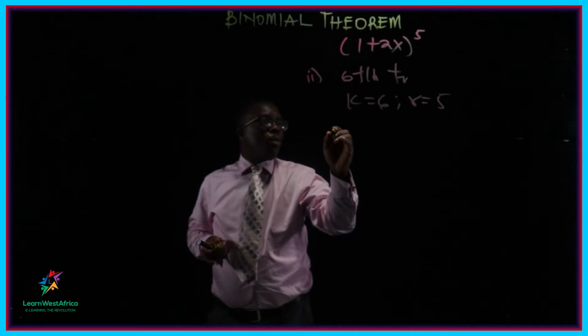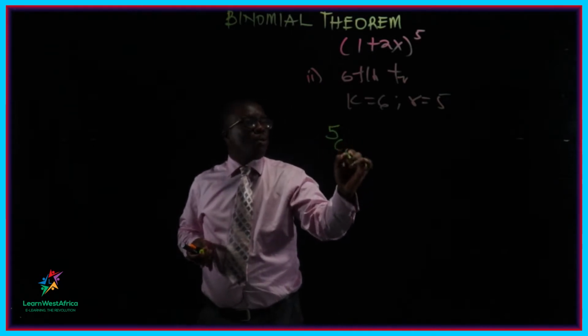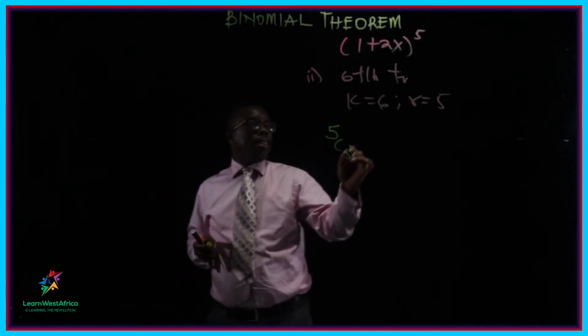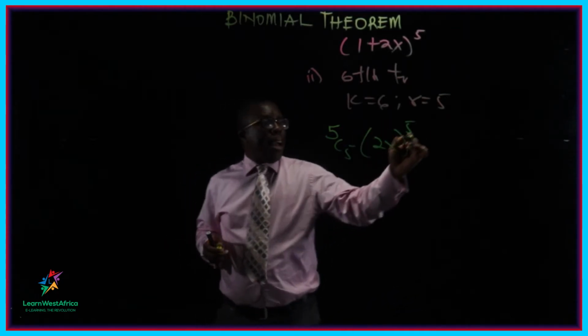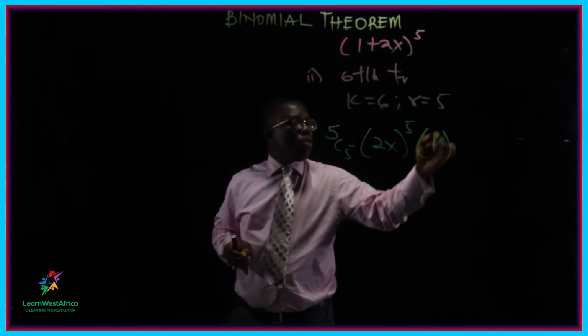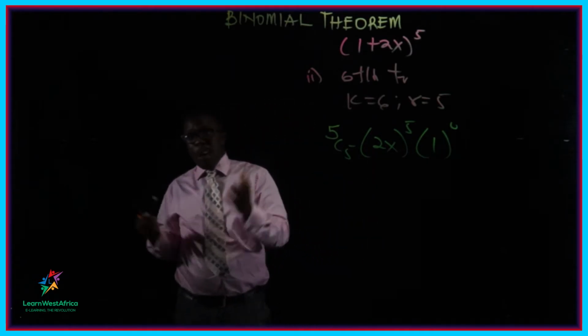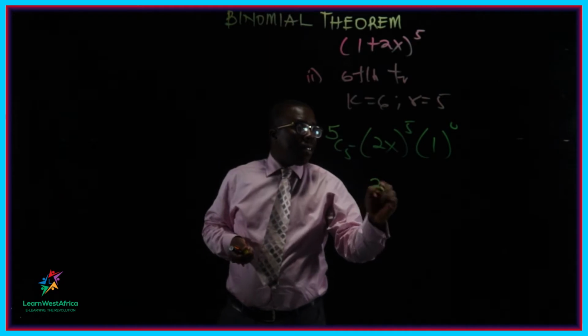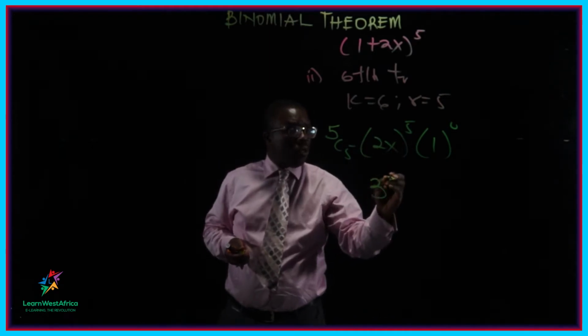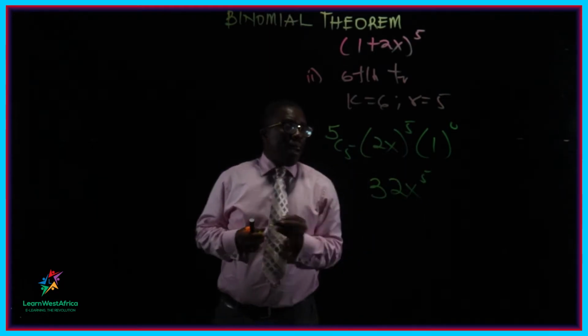So that's going to give us 5 choose 5, okay? Then 2x raised to the power 5, and we're going to have 1 raised to the power 0. 5 choose 5, we know is 1, and this is going to give us 32, because 2 to the power 5 is 32, x to the power 5.